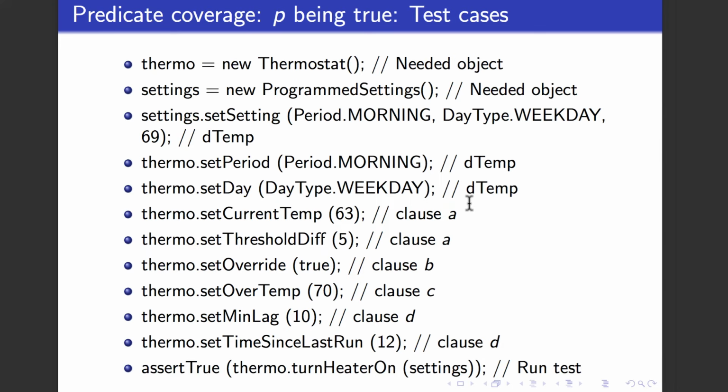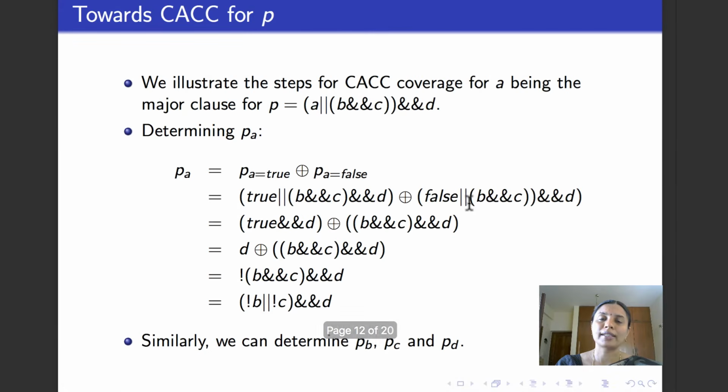Now for the same predicate in lines 28 to 33, let's say I attempt correlated active clause coverage, which was another coverage criterion that we saw. You could attempt any other coverage criterion: clause coverage, generalized active clause coverage, or inactive clause coverage.